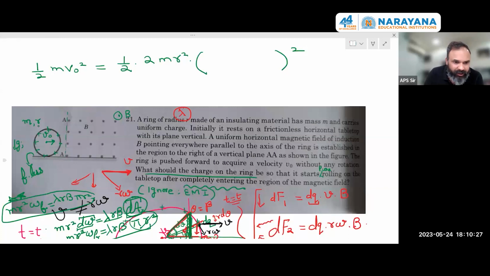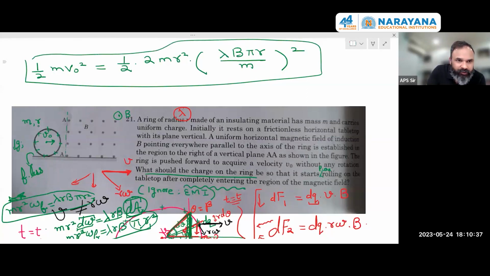And omega final I have written as lambda B pi r divided by m. Just focus on this equation which can give you the answer. Here, lambda, the total charge that you have to write. So lambda you have to finally write as total charge divided by 2 pi r.